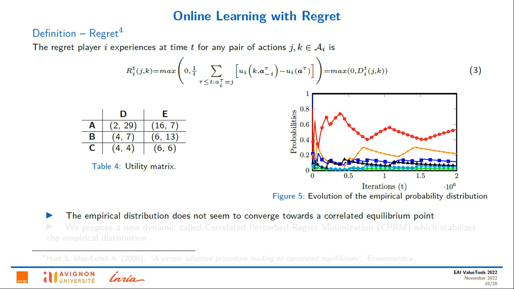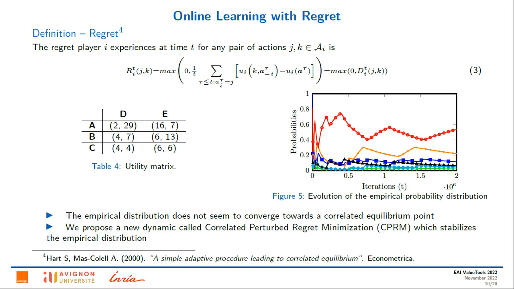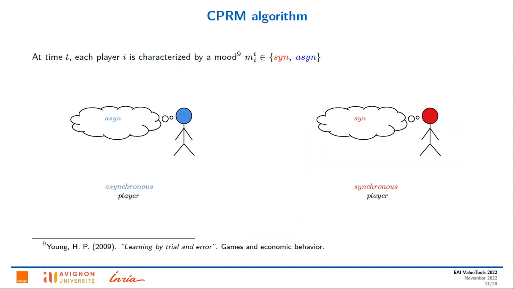And in this work, we propose a new dynamic we call CPRM, which stabilizes the empirical distribution. For this purpose, in our algorithm, the players are characterized by a mood. A player can either be synchronous or asynchronous, and depending on his mood, the player will play differently.